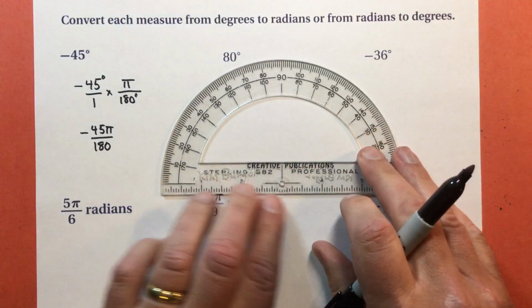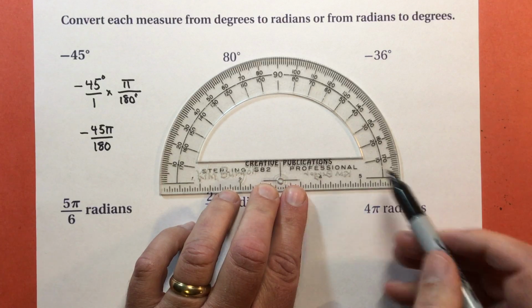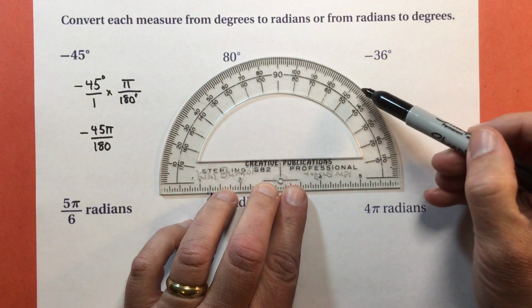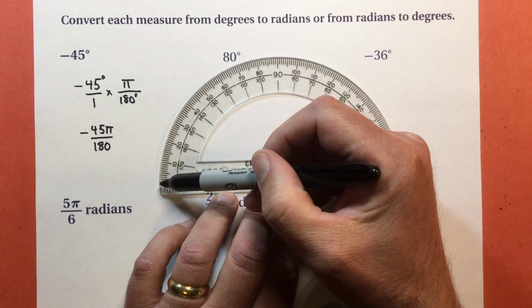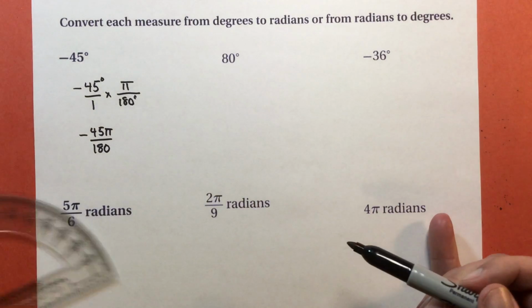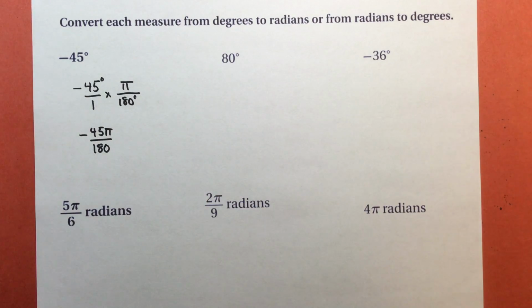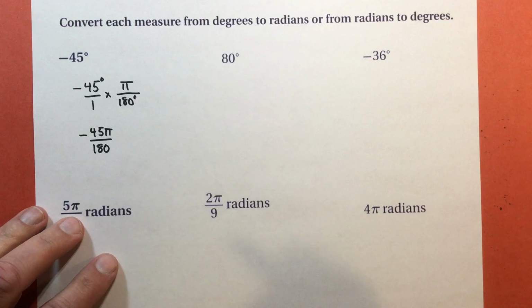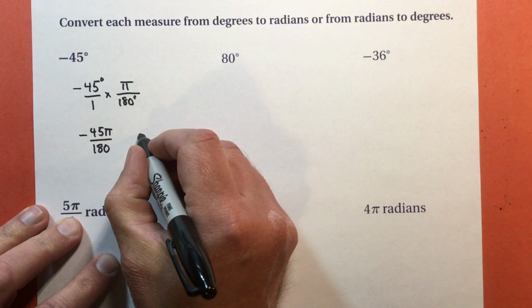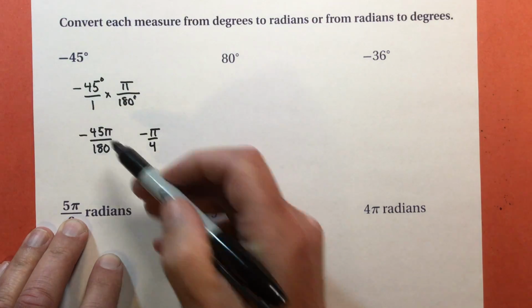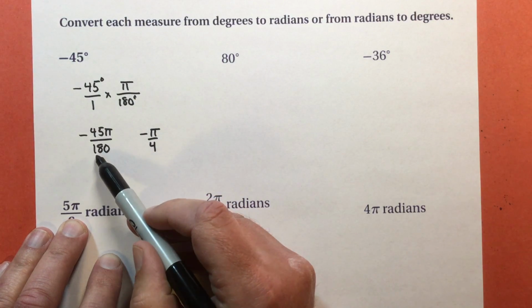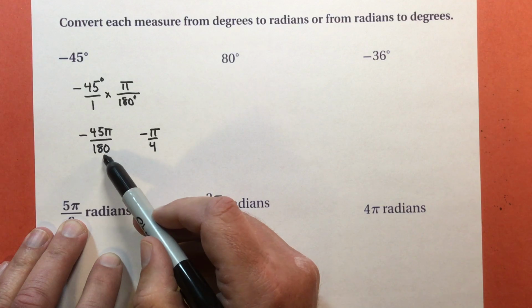This is only half of the circle, but I'm looking from 0 to 180. 45 is 1/4 of the way. So it's 45, 90, 135, and then 180. You can factor, cancel, and remultiply if you want, or maybe you just recognize that this is going to become negative pi over 4. 45 times 4 equals 180.